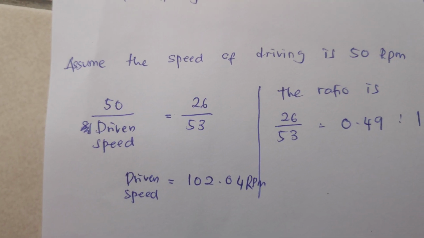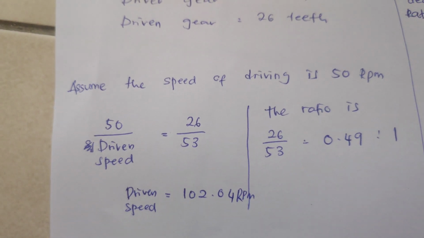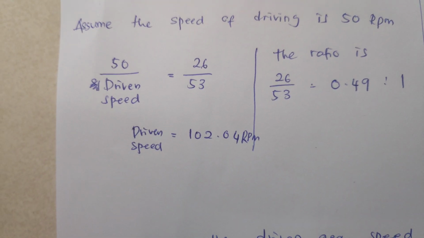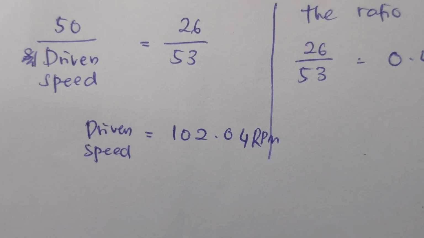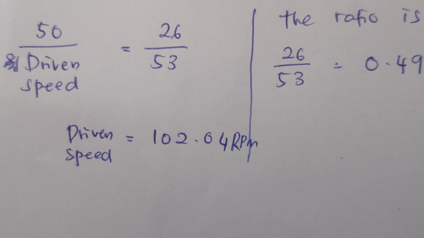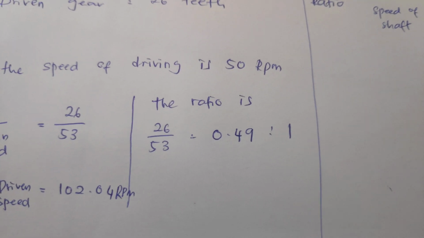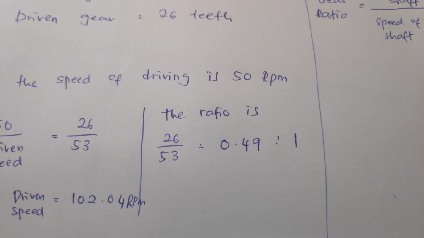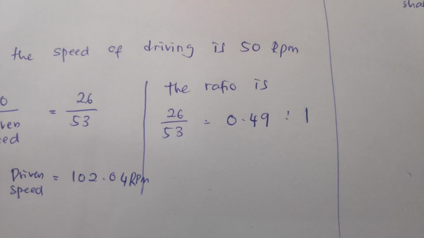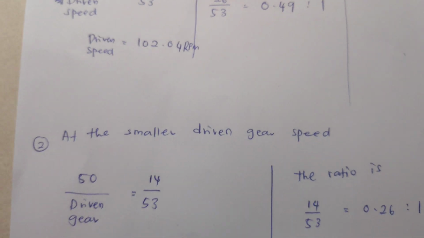So 50 is going to be divided over the driven speed, which is 26 over 53, and we're going to have the driven speed, which equals 102.04 revolutions per minute. Hence, the ratio is 26 over 53, which equals 0.49 ratio to 1.